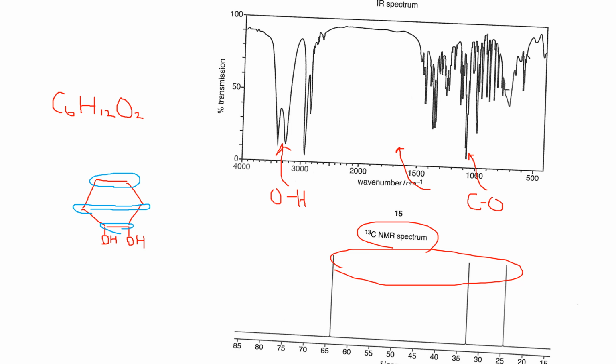Okay, let's try another isomer, maybe with the OH groups on the opposite sides, to see how many NMR peaks there are. When you use this structure, these 2 carbons are the same, and these 2 are also the same.